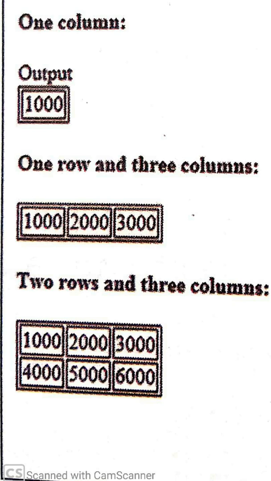And if you want to write anything inside the row, like here 1000, 2000, 3000 is given, you have to write TD 1000, TD close, TD 2000, TD close, TD 3000, TD close.